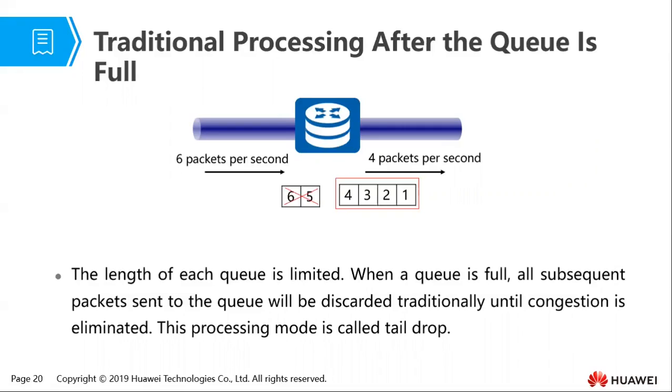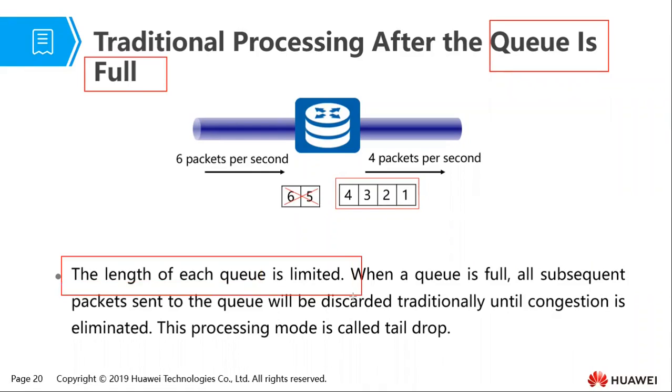Now, traditional processing after the queue is full. Please remember that the queue can get full. The queue has limited space. It does not have infinite space; it has finite space. So the length of each queue is limited.